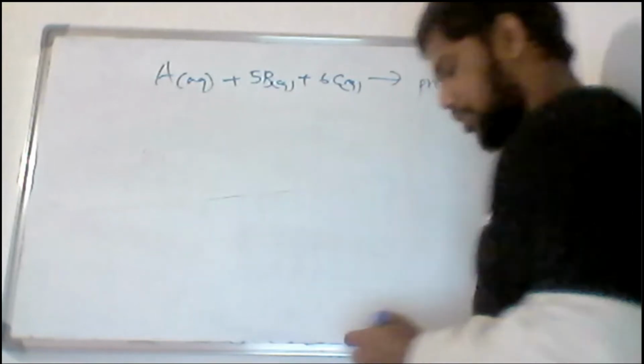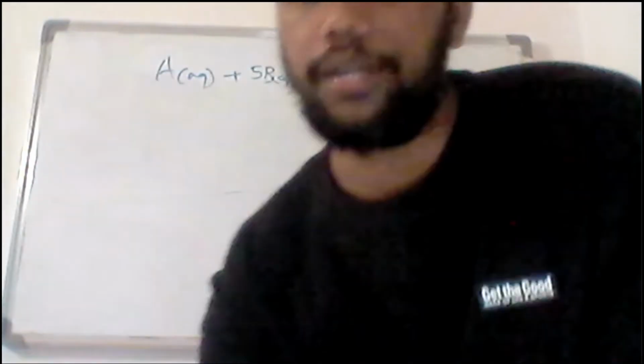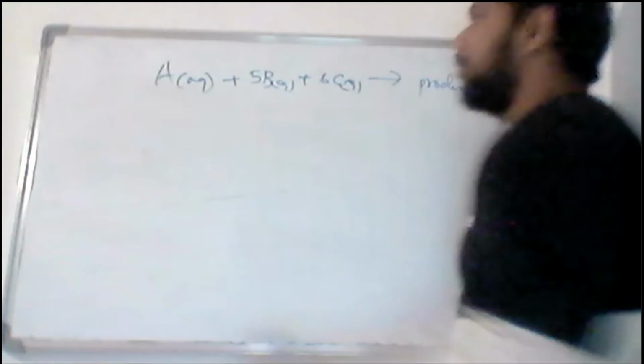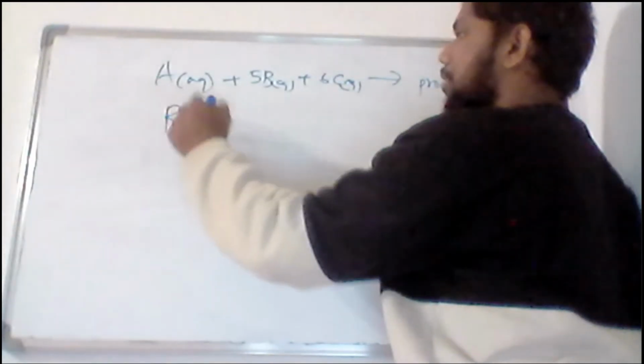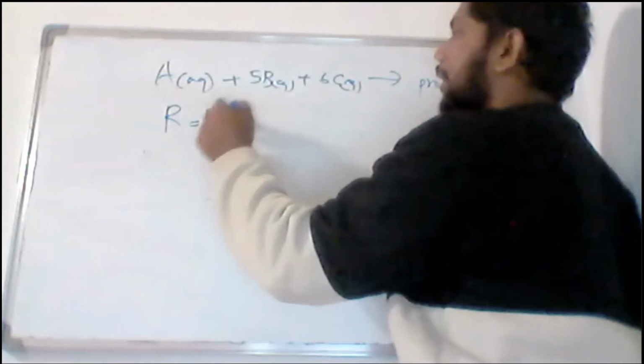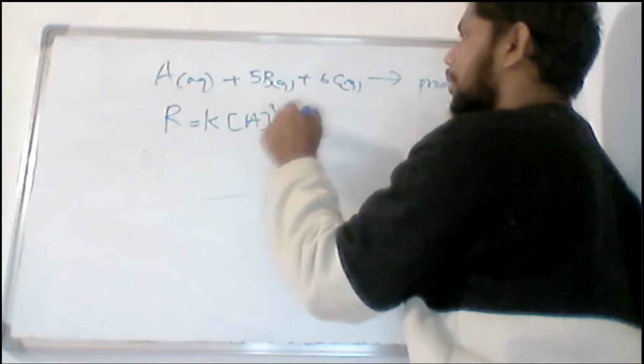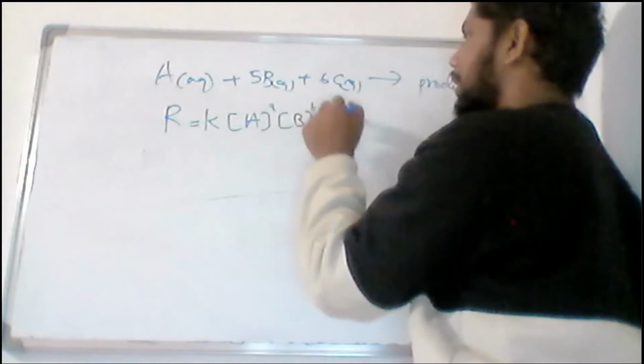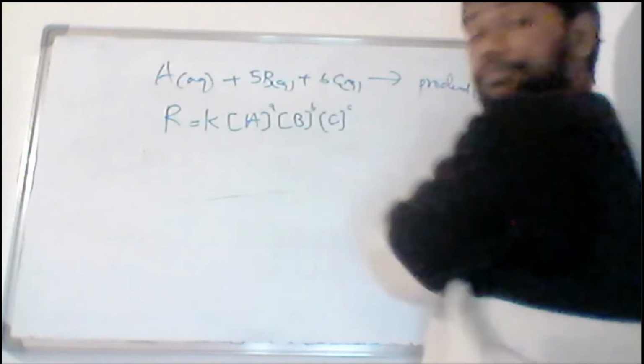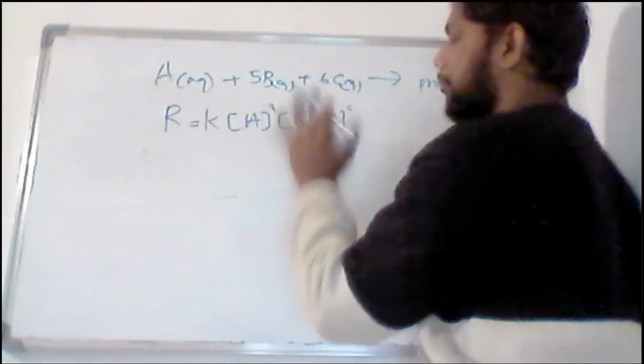Normally what we do here is write down the rate law. So our rate law is R is equal to k times the concentration of A to the power a, B to the power b, and C to the power c. This is the normal way.